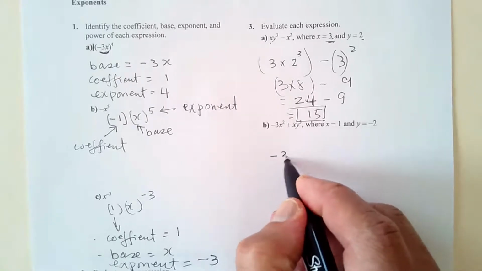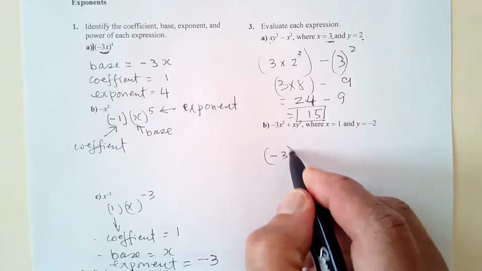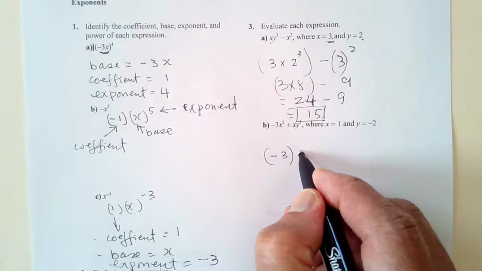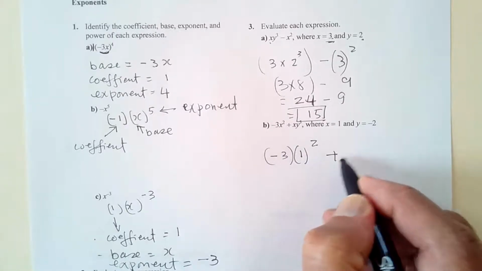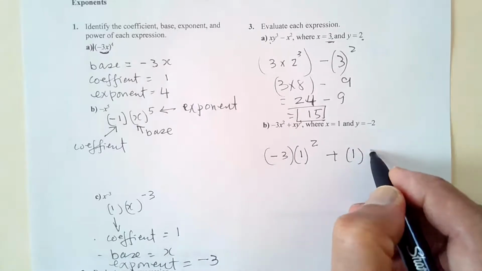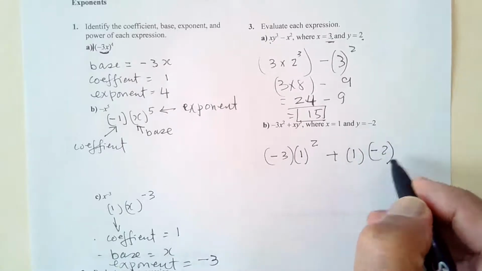We have -3 times 1 to the power 2 plus 1 times -2 to the power 5.